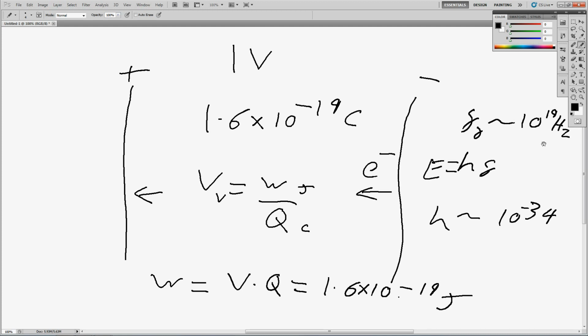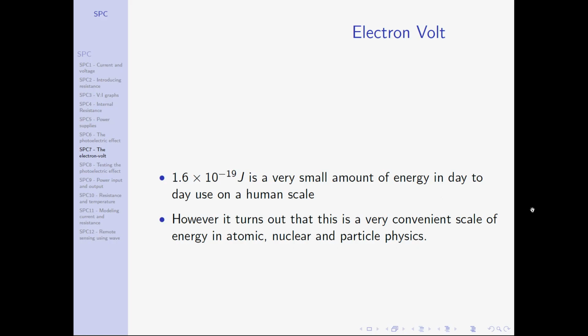But 19 minus 34 still means that we're talking about energies that are a billionth of a joule, and even the highest gamma rays ever discovered coming from an unknown location out of space are still looking at a millionth of a joule.